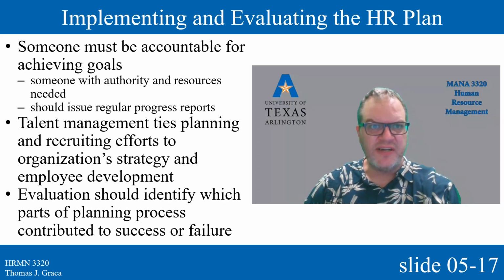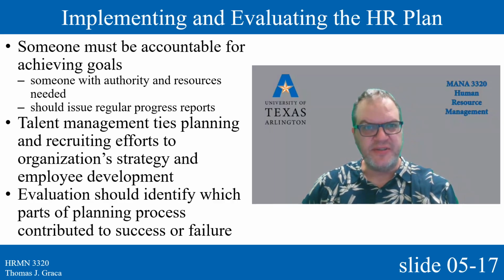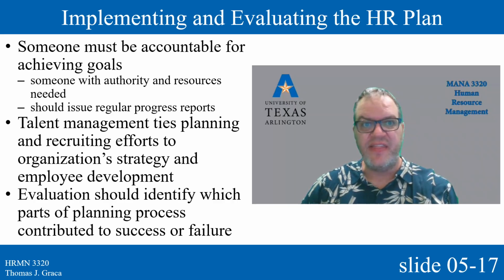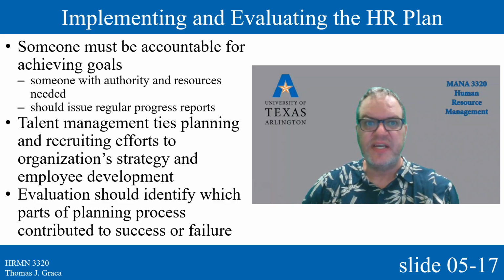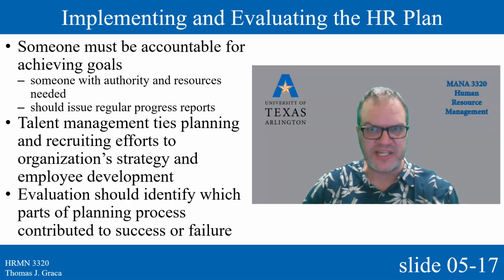For whatever strategies were selected, whether they were strategies for reducing a surplus or strategies for avoiding a shortfall, the final stage of the HR planning process involves implementing the strategies and then evaluating the outcomes. The organization must hold some individual accountable for achieving these goals, like any other particular objectives that the organization has.